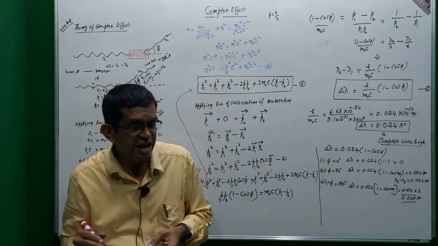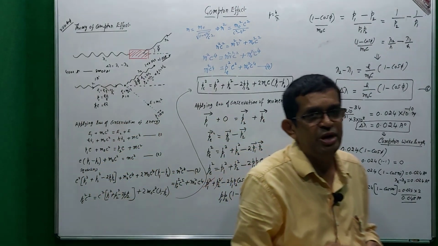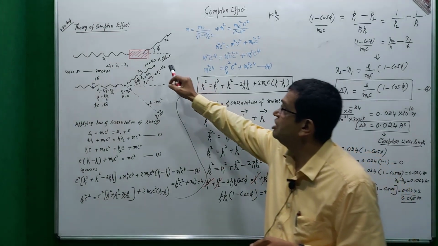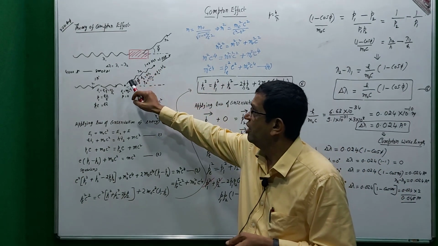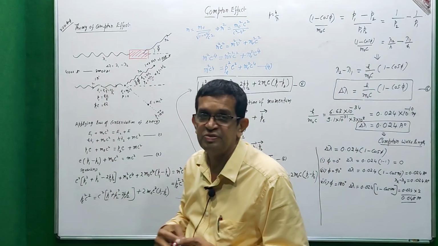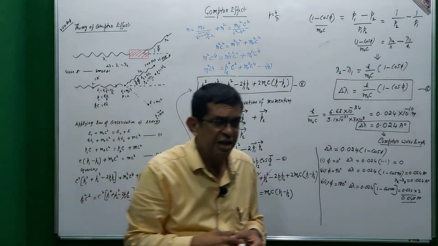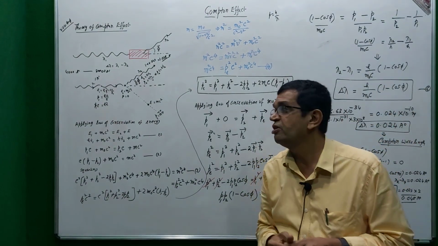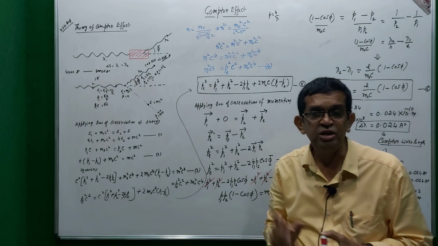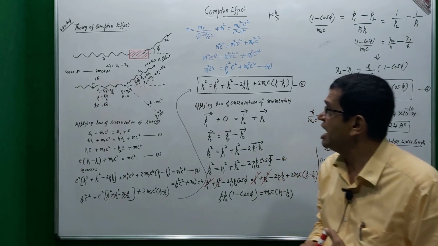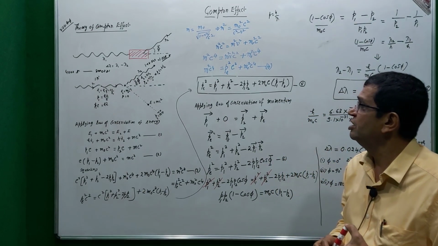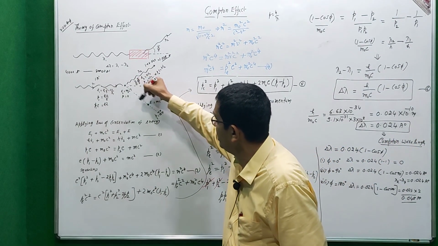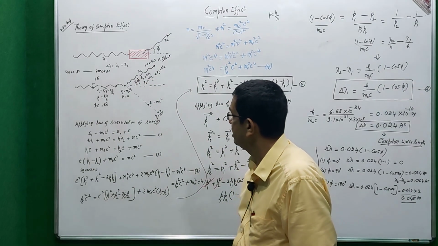That means one cannot observe the phenomenon of Compton scattering with visible light, but it is appreciable in the case of X-rays or gamma rays, because they are highly energetic and have very short wavelengths. Since the wavelength of the radiation is very short, during the scattering one can observe the change in the wavelength.